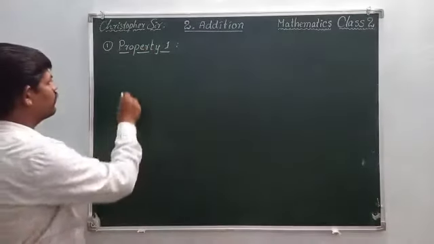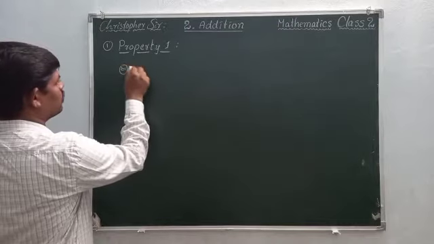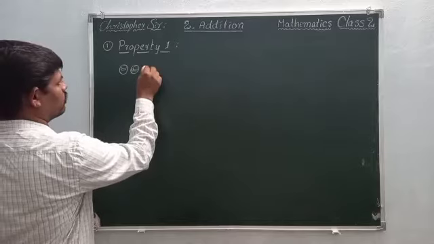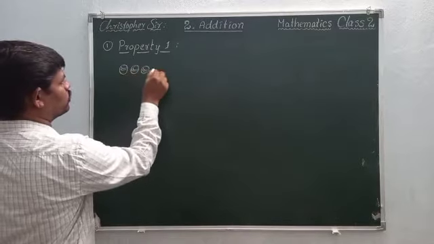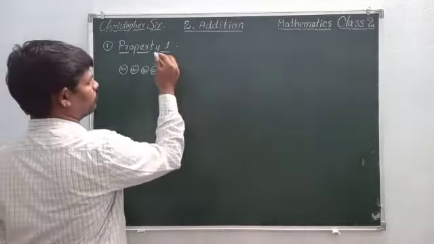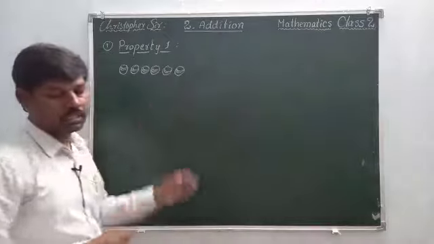For example, we have this side, 6 balls are there. 1, 2, 3, 4, 5, 6. We have 6 balls.